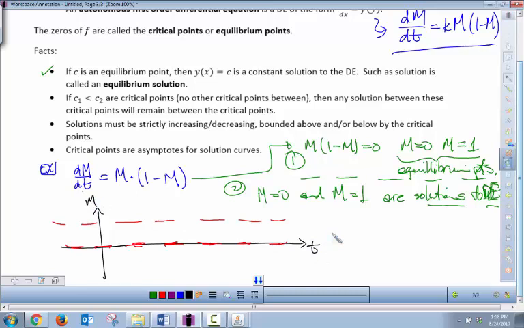So this is the scenario, right? Number 3, if C is the critical points, and the solution is going to be between these two critical points. So if I have a specific solution here, I'm not going to go past this point 1, m is equal to 1.